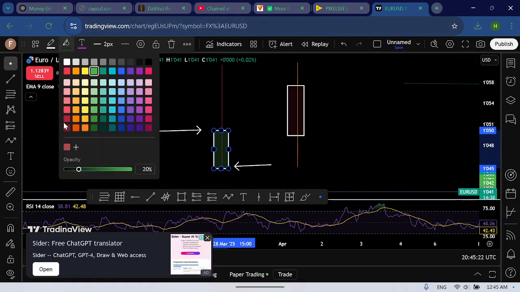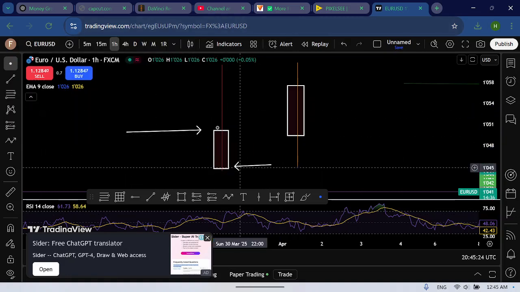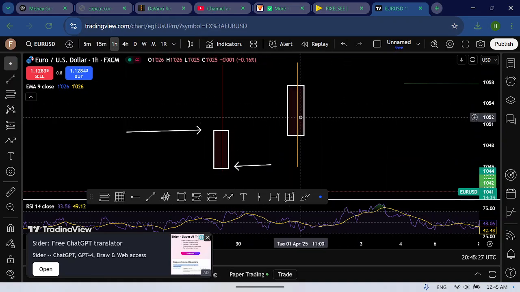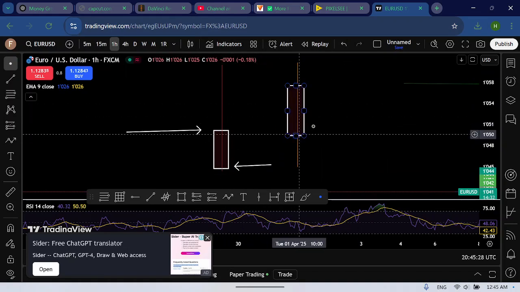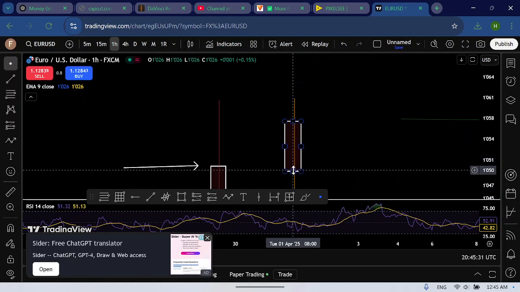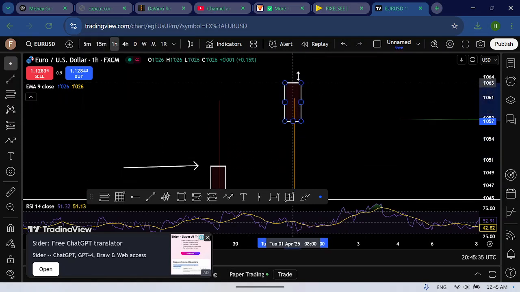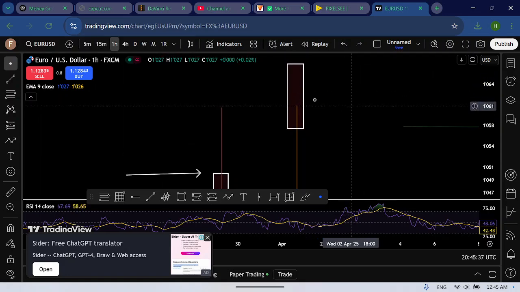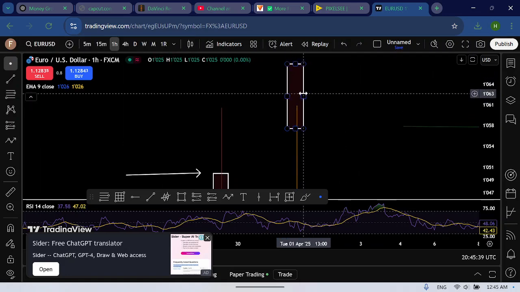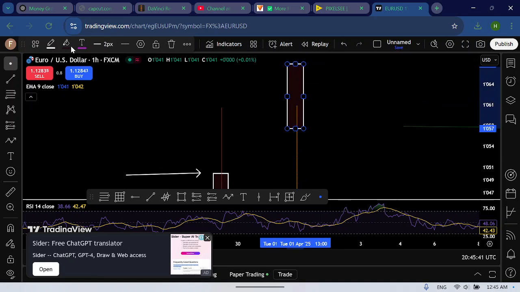And I'll color it red, and as you can see, it would change like this. And this one, imagine the open would be at the bottom and the close would be at the top. This one changes to a green candle, which shows an uptrend.